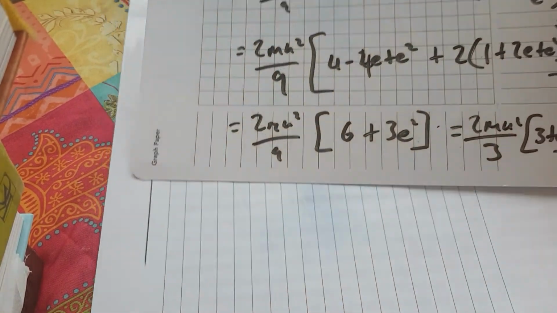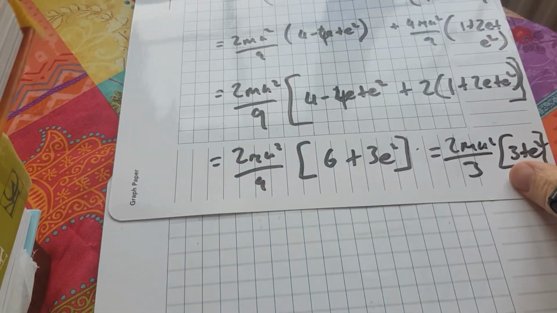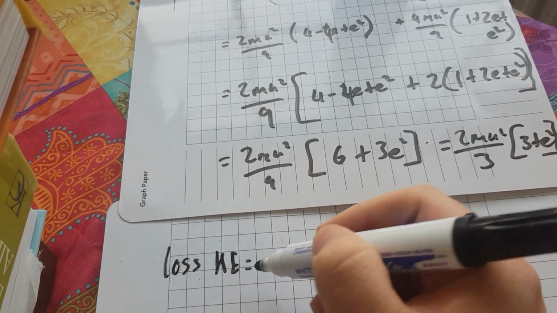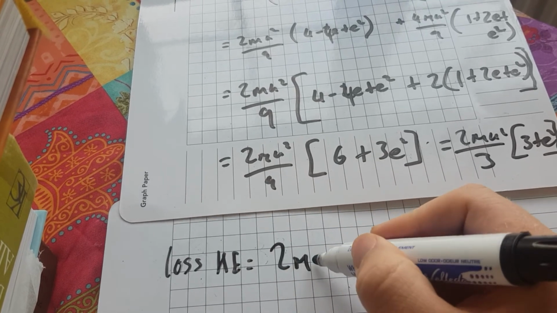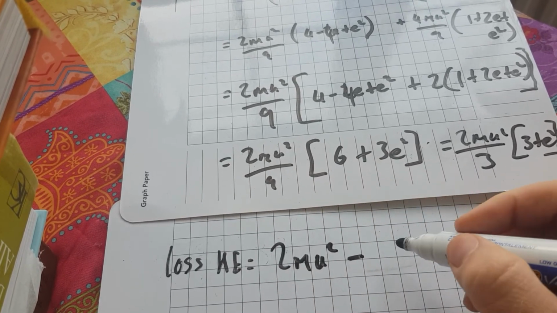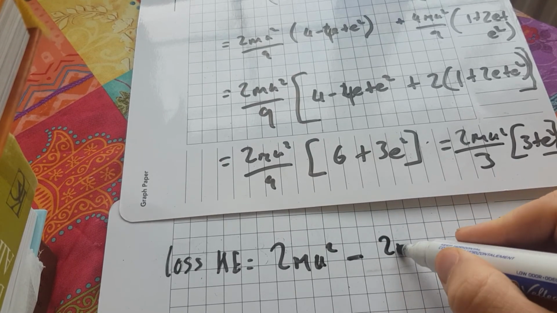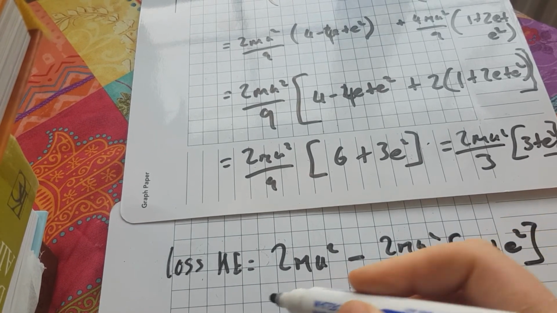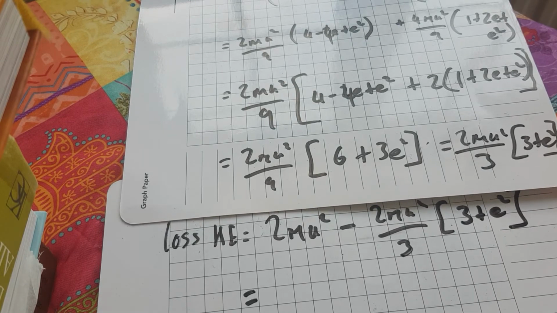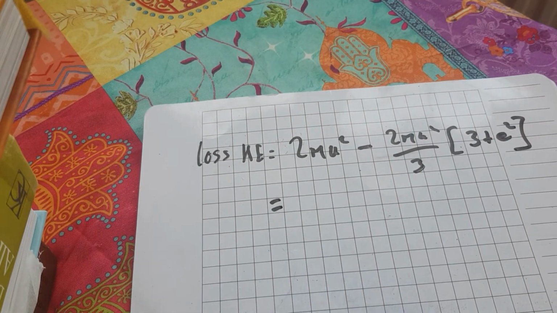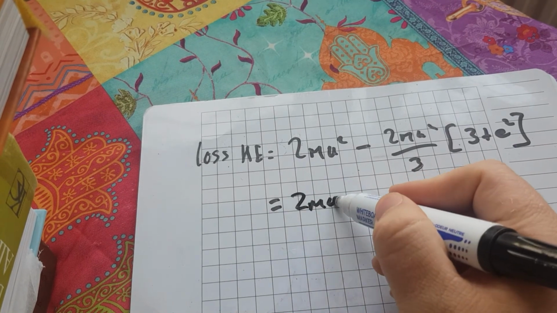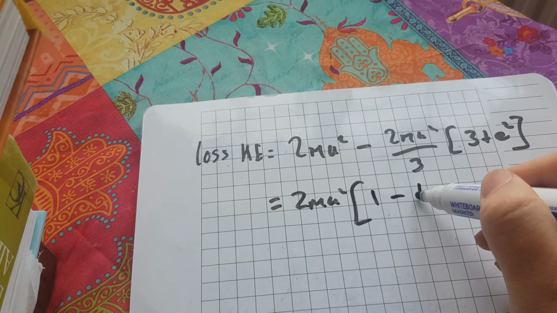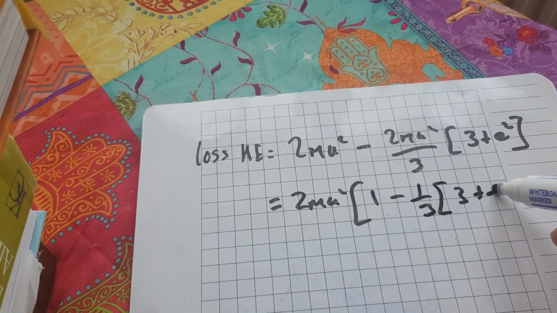Now, loss in kinetic energy is, before was 2mu squared minus after, 2mu squared over 3 by 3 plus e squared. Again I can simply factorize, because I have a 2mu squared. If I factorize out 2mu squared, this will be 1, and this will be minus a third of 3 plus e squared.